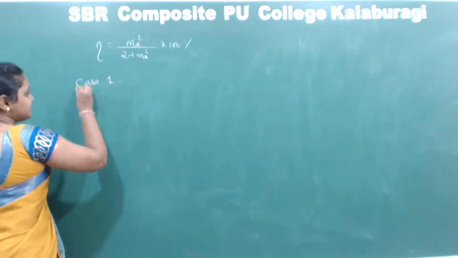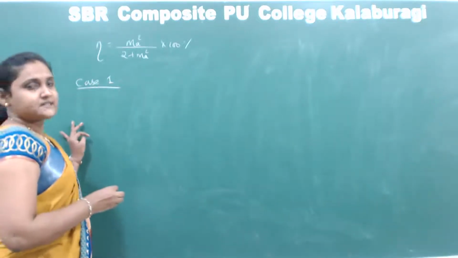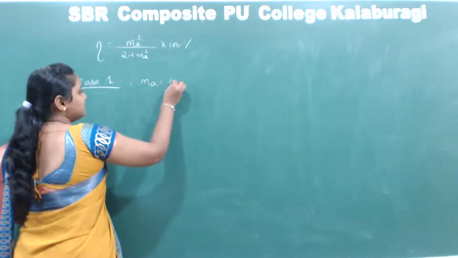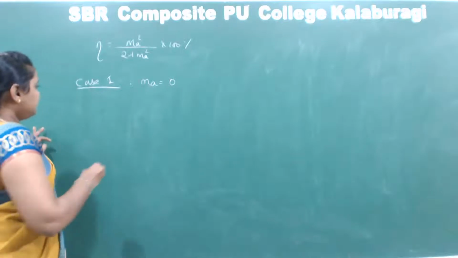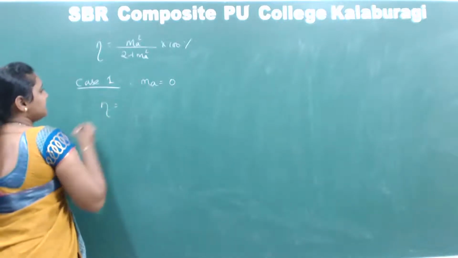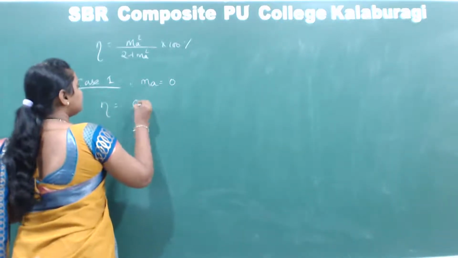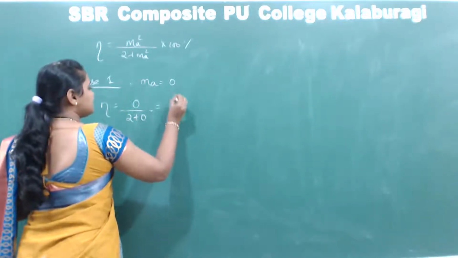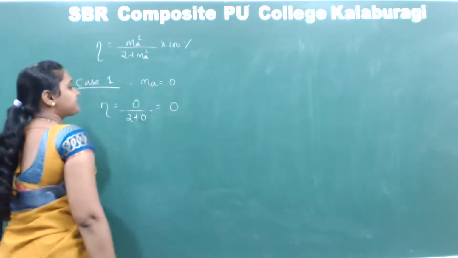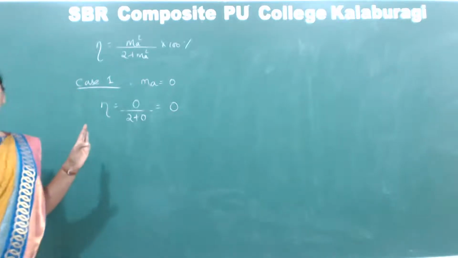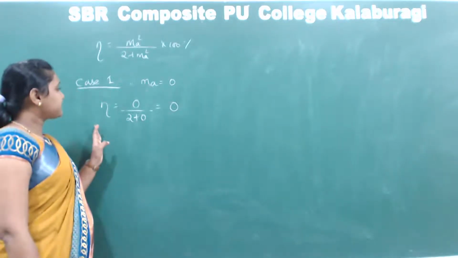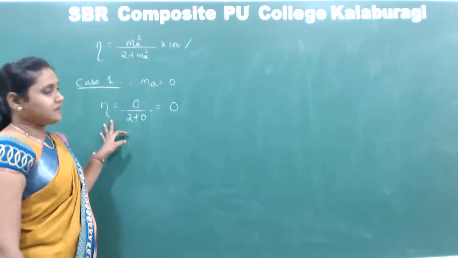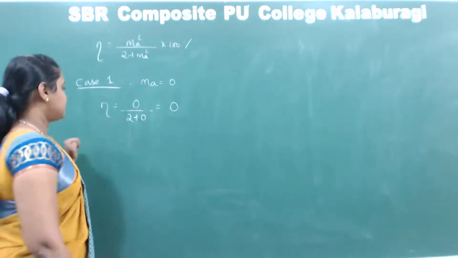So here we consider the first case, MA is equal to 0. In the efficiency expression we substitute 0 divided by 2 plus 0, which is 0 itself. So if MA is equal to 0, the efficiency of the transmitted AM wave is 0. This is the first case.